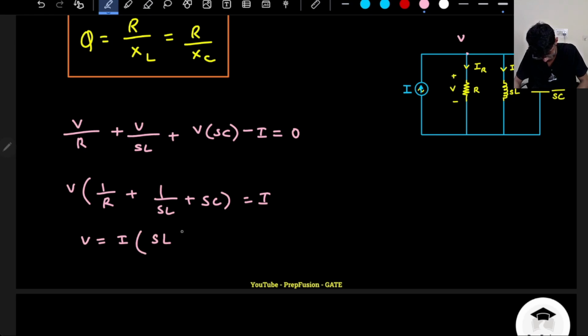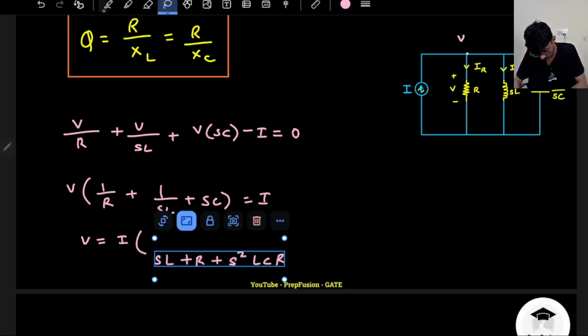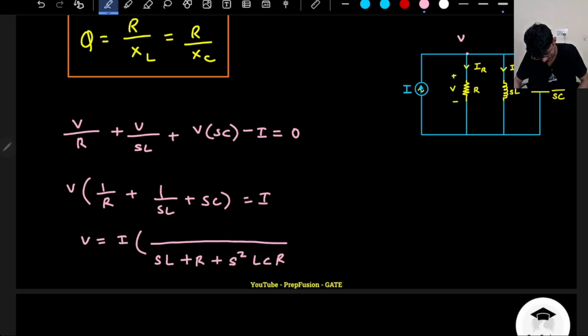R will be multiplied here, SL will be multiplied here, so everything, S square LCR, will be multiplied; not this, this will be in the bottom, and this will be at the top. S R L, yes.